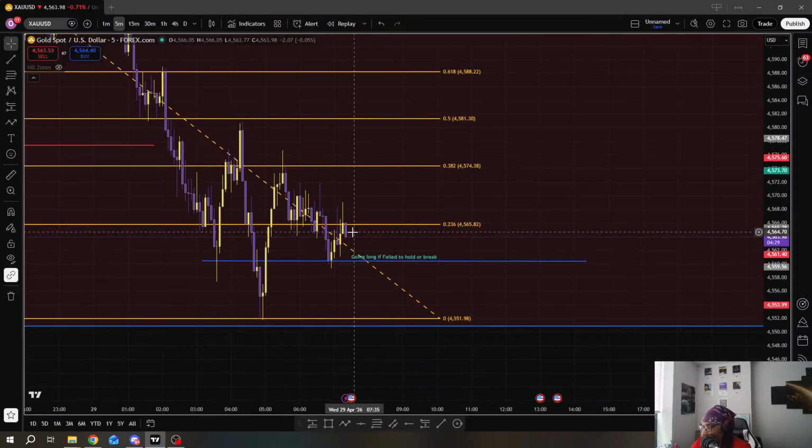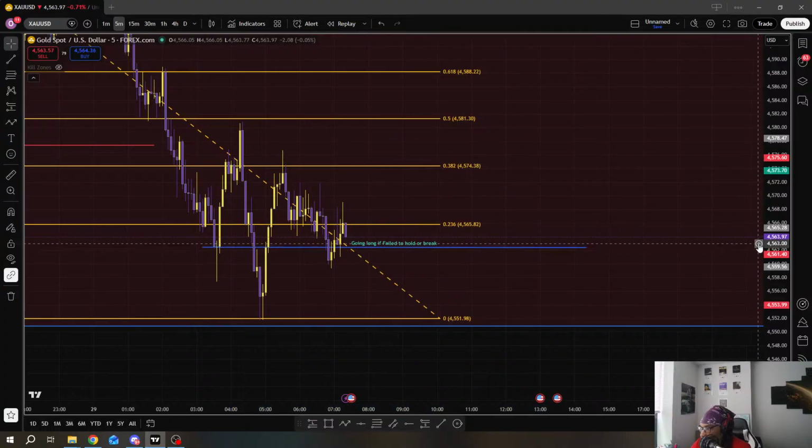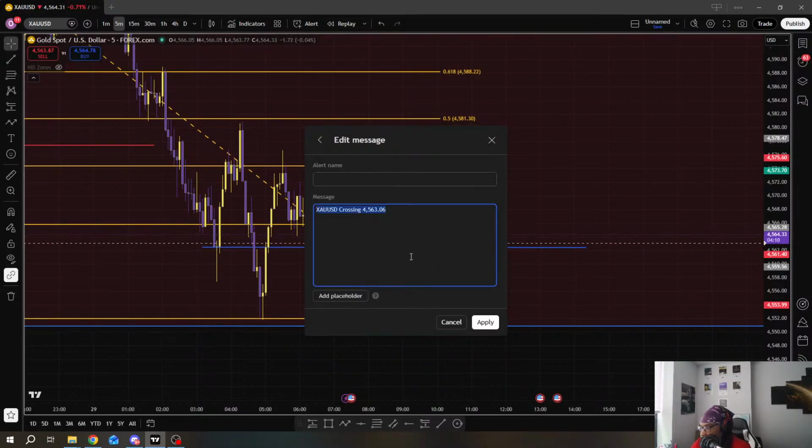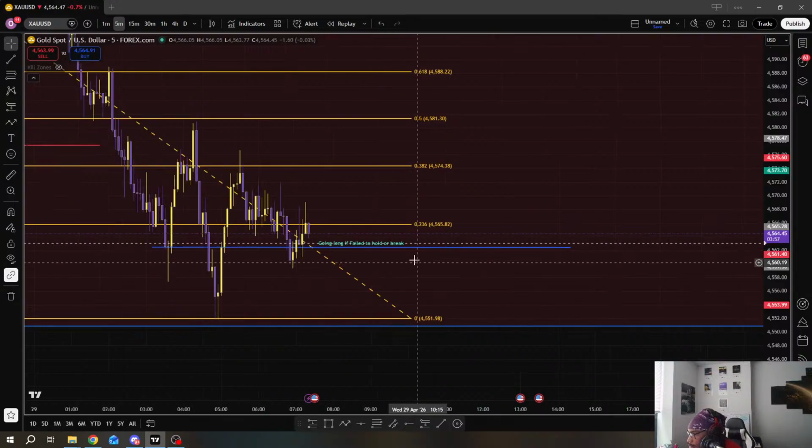Now and again, if price breaks this area, a little alerty. All right, so I put an alert here, right? I'm watching price. If price fails to break this area, I'm going long.